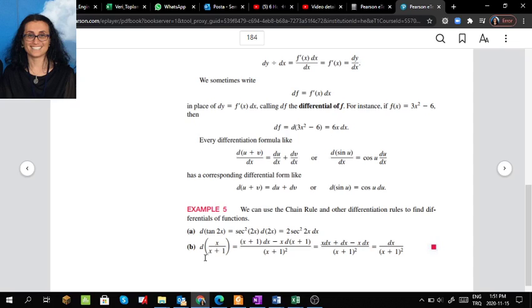Take the derivative of the numerator times the denominator, but the derivative of the numerator is dx in this case, minus keep x times the derivative of the denominator, all over the square of the denominator. Here we are going to have dx, so this is dx plus 0. Just gather or factor out the x's from here, and then this cancels with that. We have dx over x plus 1 squared.